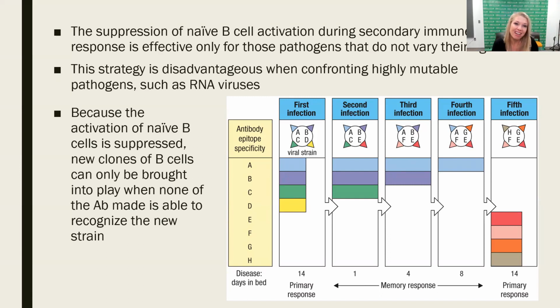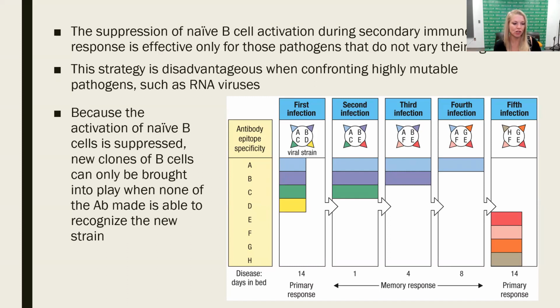Influenza, though, is an RNA virus, and RNA viruses tend to mutate quite rapidly and change their external epitopes. And so from season to season, influenza viruses can look slightly different on the external surfaces to our immune system. So when B cells are shut down because they recognize that there's already high affinity antibody attached, we won't ever get a response to a new strain.